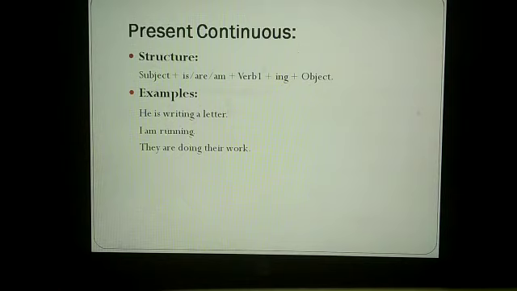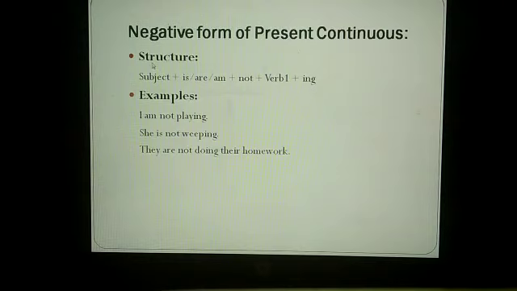I am running. They are doing their work, right? We have used is with singular person, third person. We used am with I and are with they. Then the negative form of present continuous tense. What is the structure? We use subject plus is, are or am plus not.